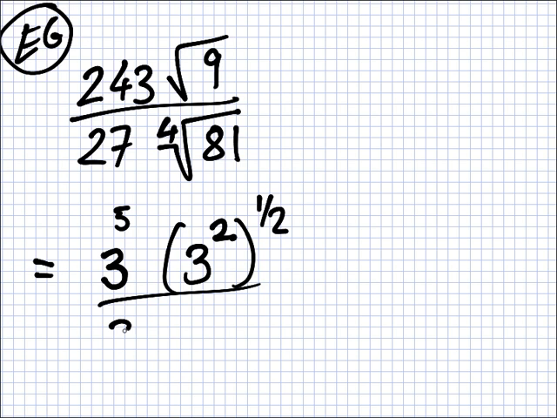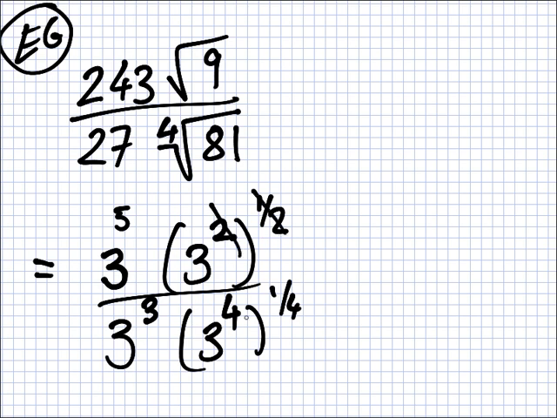And 27 is 3 cubed. And this is power 1 over 4. And 81 is 3 power 4. So what's really nice here is when these multiply, what happens? Yeah, they cancel, don't they? So you're left with 3 over 3. What happens there? Cancel. And then here what happens? The powers? Yeah. Right.